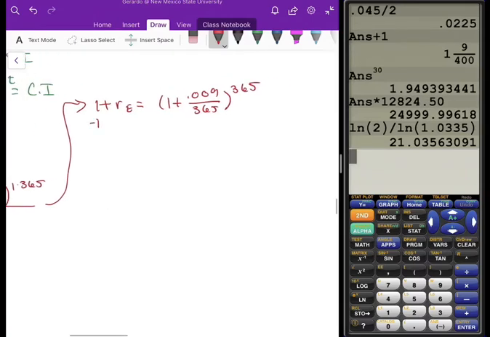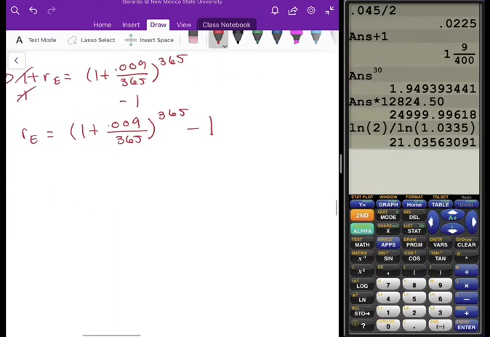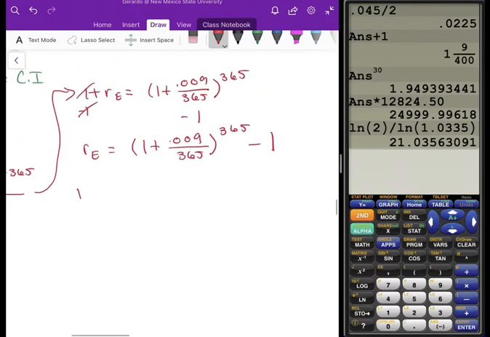Okay? So subtract 1 from both sides. RE is equal to 1 plus 0.009 over 365 to the power of 365, all minus 1. So let's do the math for this.